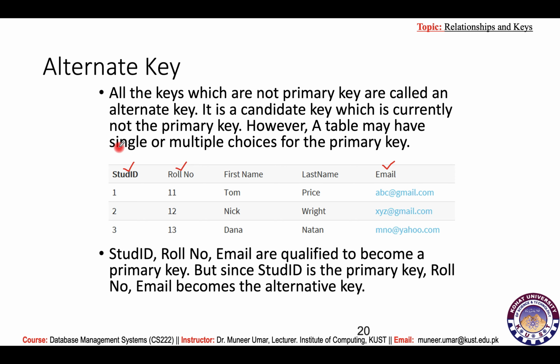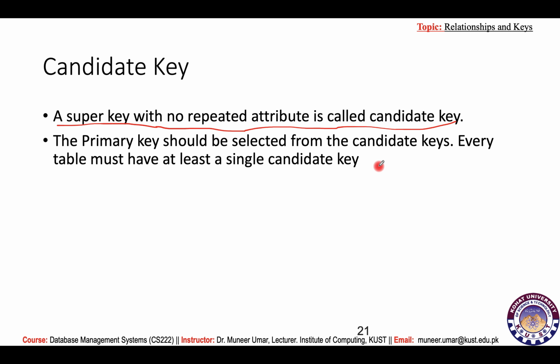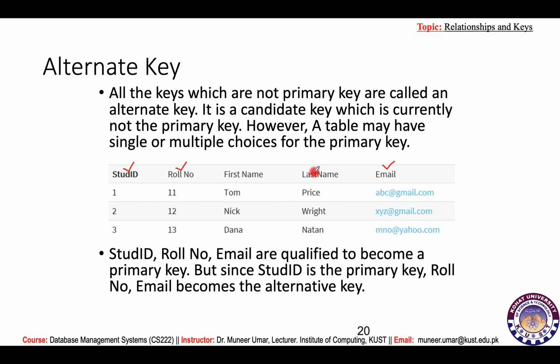So we have these three candidate keys. The primary key is selected from the candidate keys. So we can select one key from these three and make that key a primary key.